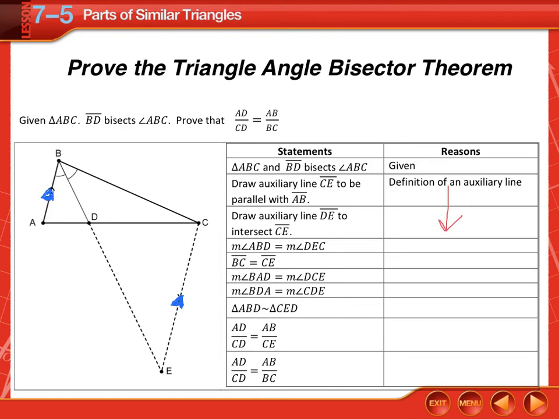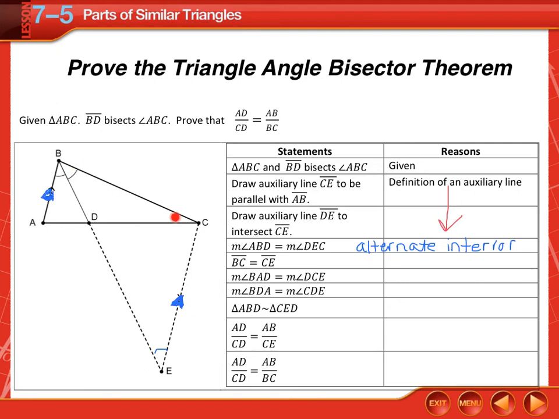Now, angle ABD, this angle here, is congruent to angle DEC. Why is that? That is because of alternate interior angles. I'm going to use a single arc because ABD is drawn with a single arc. And what happens here?